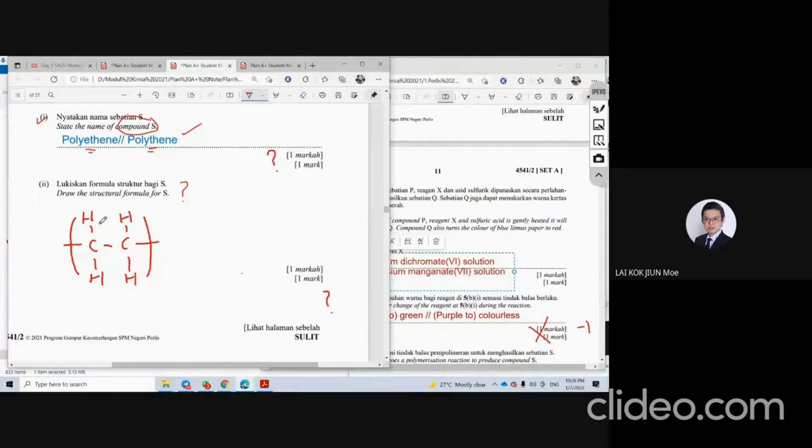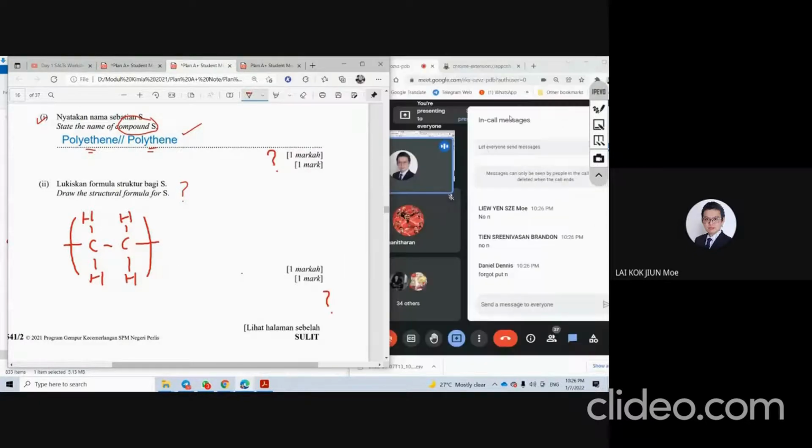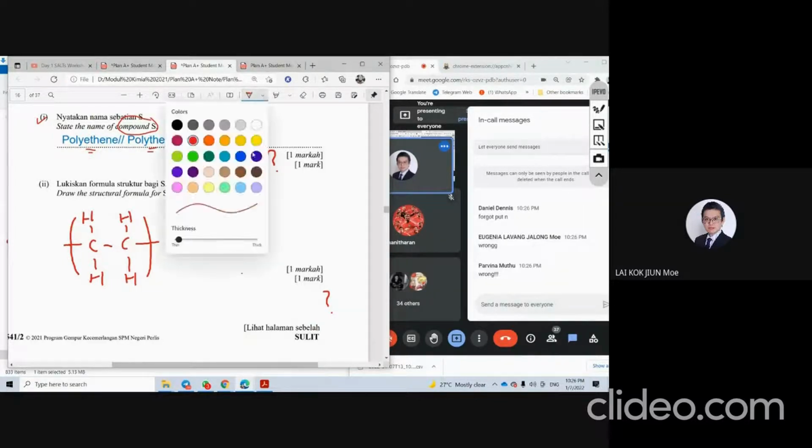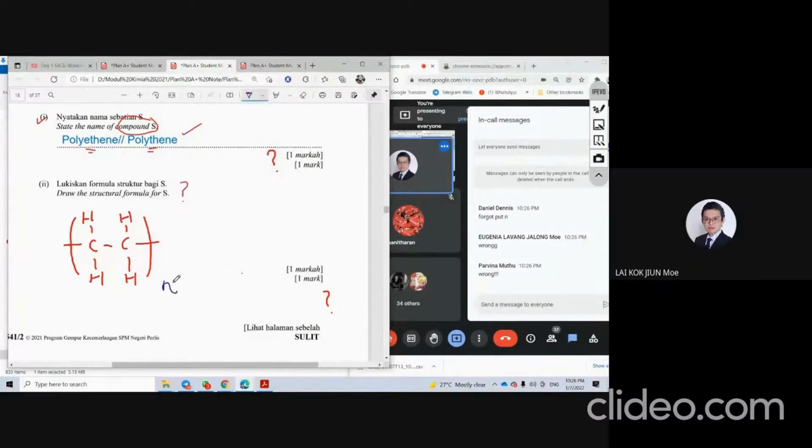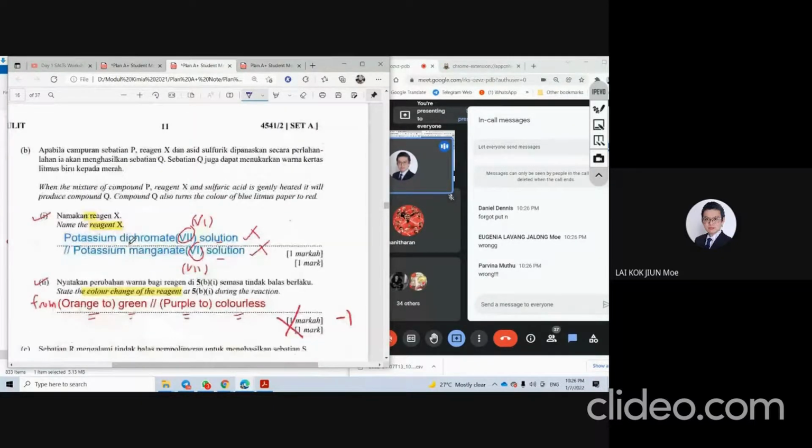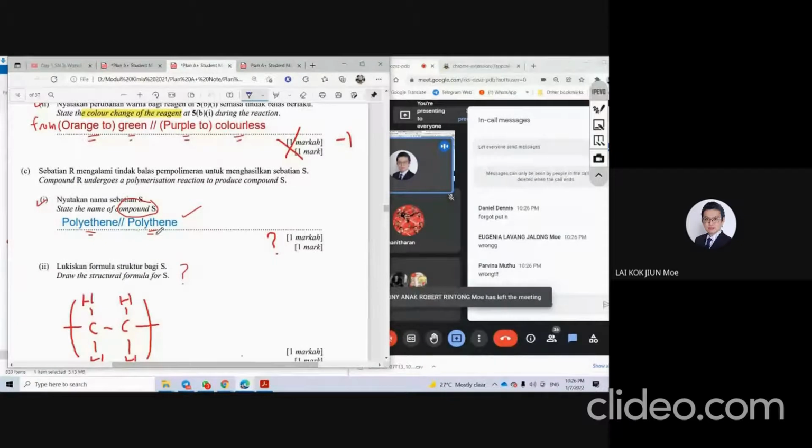Okay, for number 2, is it correct or not? 1 mark here, correct or wrong? No n. So I put 1 n, 1 m here. Formula for S actually is what? X actually is the polymer. Now I throw in polymer.